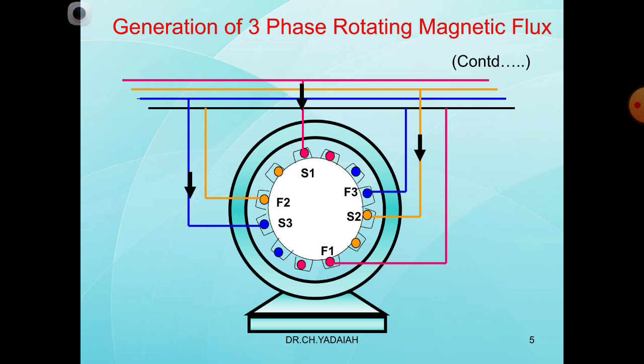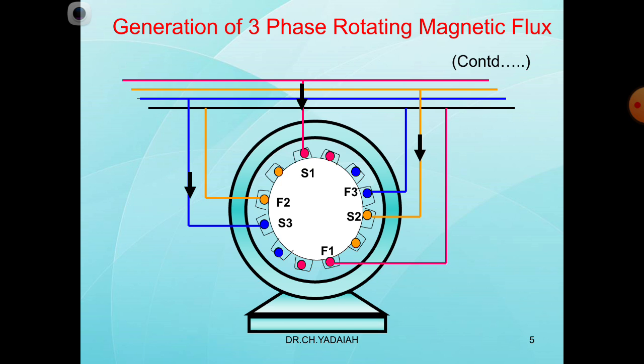So let us see. In this case we have taken only the stator part. The stator has the stator frame and stator core. The core is silicon steel with laminations to reduce the iron losses, that is eddy current losses and hysteresis losses.